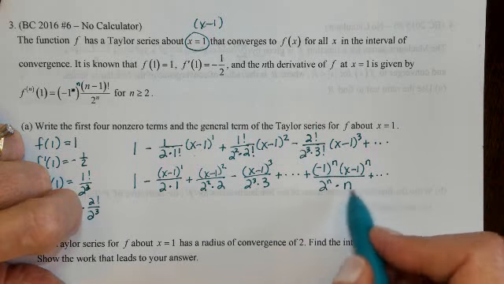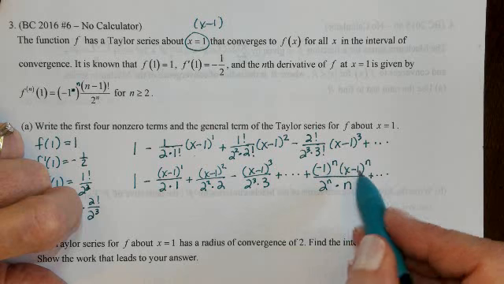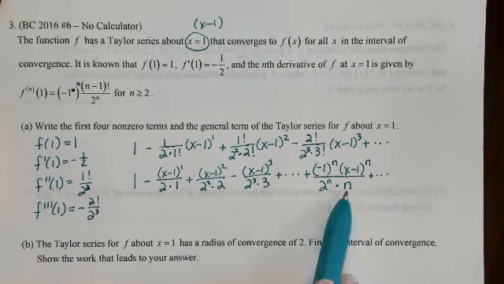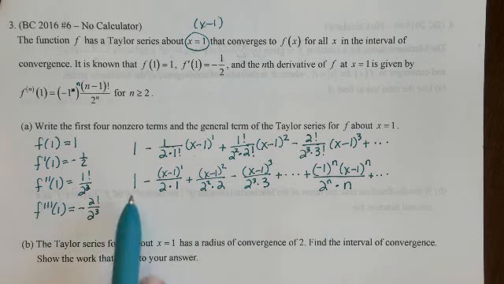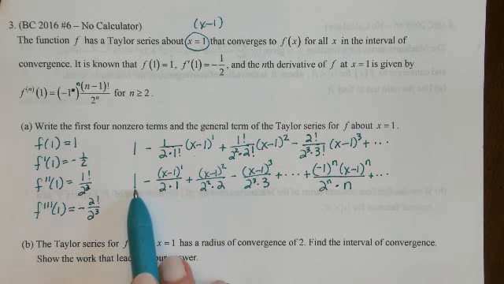Okay, now my question is, does this work for every term? And the answer is no, it does not work for every term, not if we start n at 0, because if we start n at 0, the very first term would be undefined, and it's not undefined, it's 1, right? So this is the general term for terms after the first term, right?